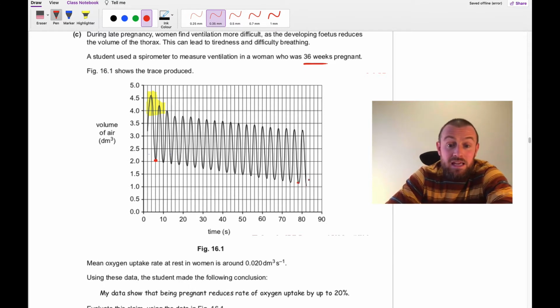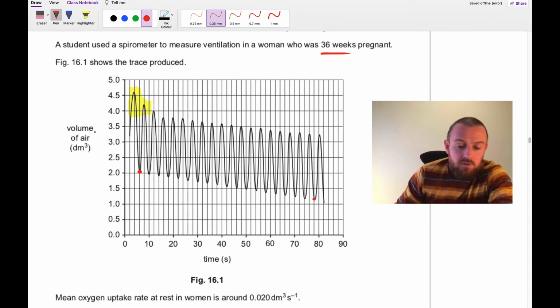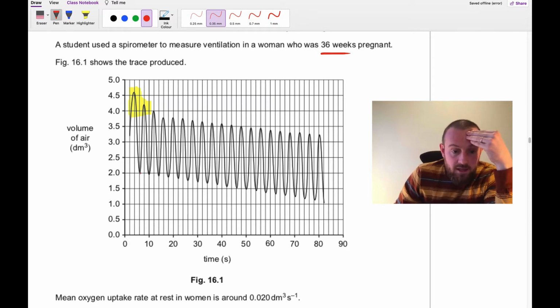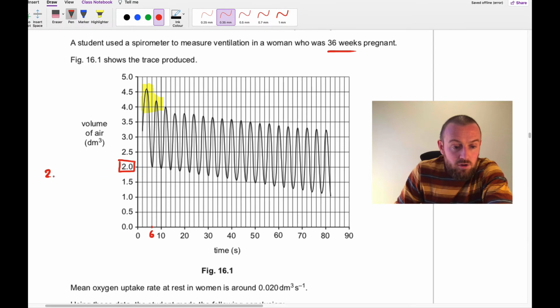So let's pinch in even more and look at those values. So this value here is bang on 2. Okay, so that's quite useful. 2, and this is 10, this is 8, this is 6 seconds. So we can have 2 dm cubed at 6 seconds.